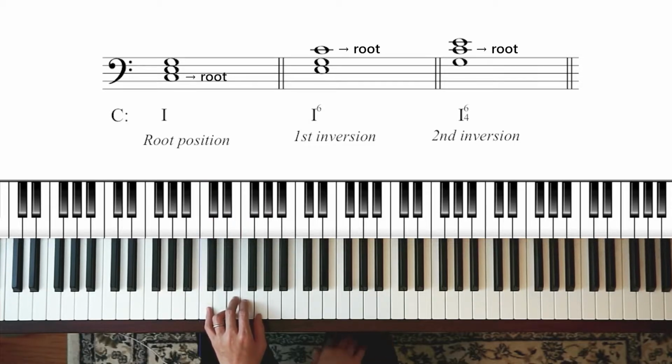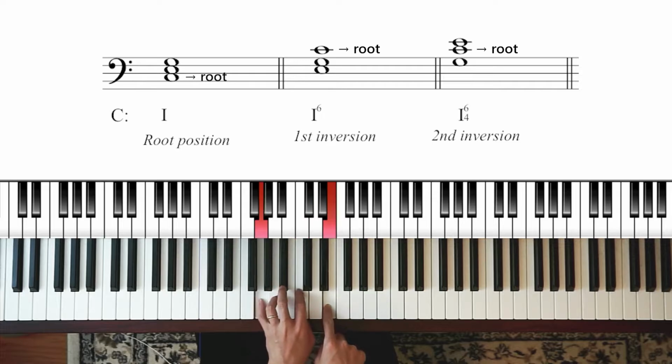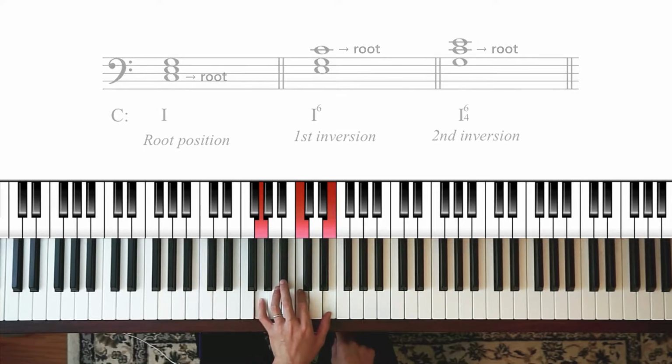Now if I put the root on top, the third becomes the lowest note, and the root becomes the top note. So this is called first inversion of a C major chord. If we rotate one more time, putting the third of the chord on top, this is the second inversion of the C major chord.